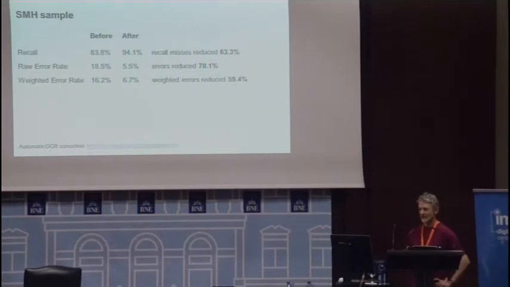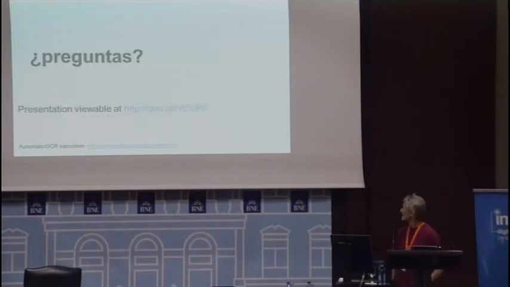Some of our training data is Australian-centric. We didn't actually test on our training data, I promise. However, there's still an Australianness about it. So we tried it on US newspapers, and we got, guess what? Slightly not as good results, but they were all within, we achieved our goals. We got 65%, for example, on the raw error rate. Finished.